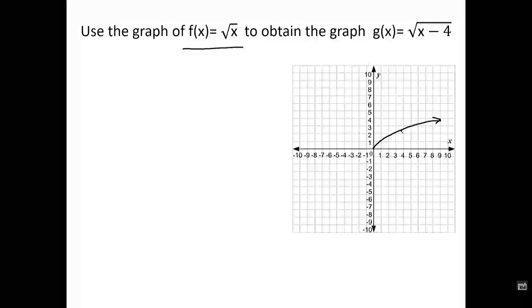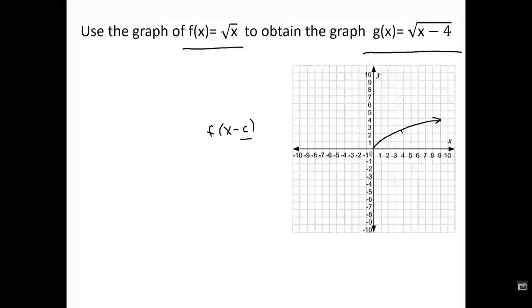We're going to use the graph of the square root of x to obtain the graph of the square root of x minus 4. But notice this is of the form f of x minus c, which suggests that this would be a horizontal shift c units to the right. C in this case is 4.